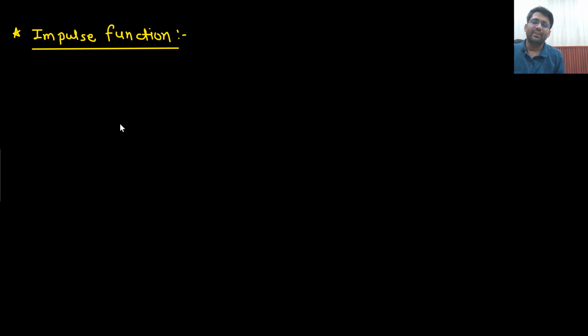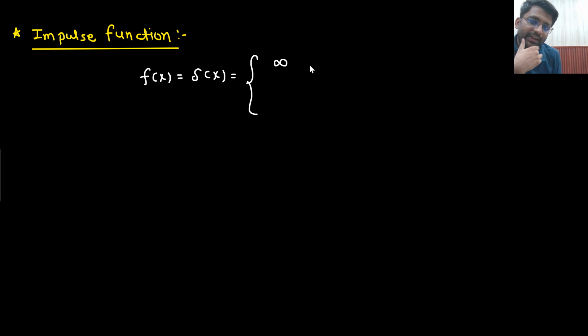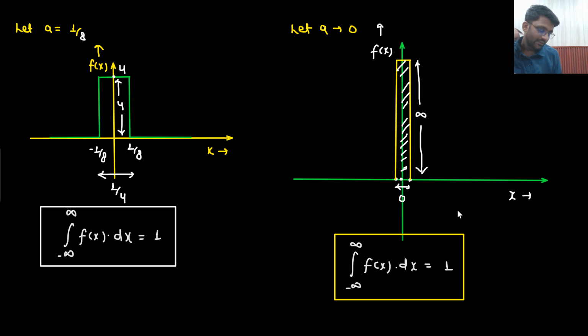So from here, the definition of the impulse function comes into action. The impulse function is shown by delta x, and it will give you infinite amplitude at x equals 0. Otherwise, if x is not equal to 0, what is the value here?